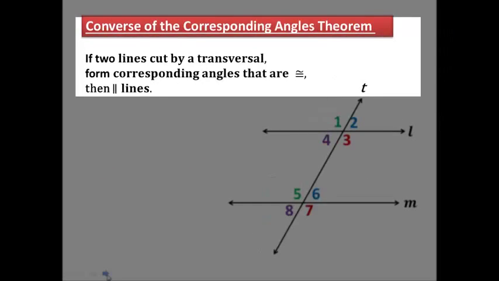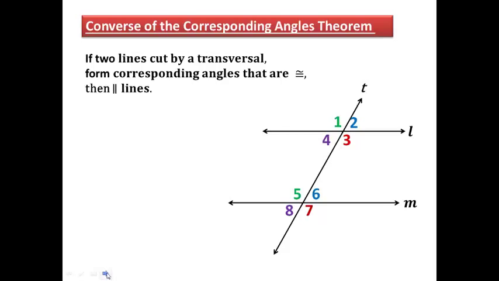Now the converse of the corresponding angles theorem, again, very similar. If two lines form corresponding angles that are congruent, then we can conclude that we have parallel lines. So in this diagram here, angle 1 and angle 5 are corresponding angles, and if we're given that they're congruent, we can conclude that these two lines here are parallel.